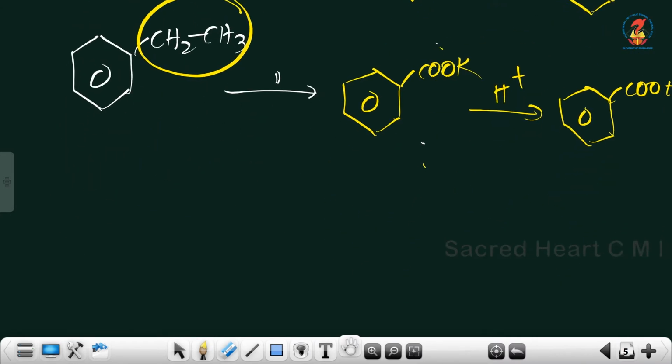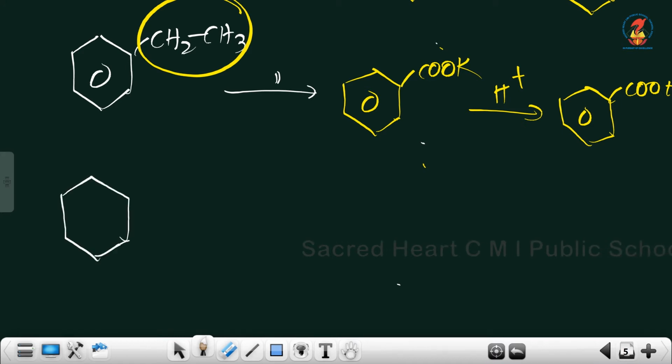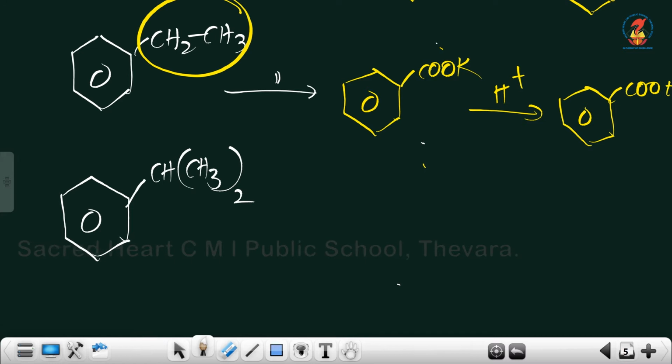Now in the next example, benzene ring containing an isopropyl group. What is an isopropyl group? CH3 twice CH group. So here we have a bigger group, but we know that it is a secondary alkyl group. So this can also be oxidized to carboxylic acid.